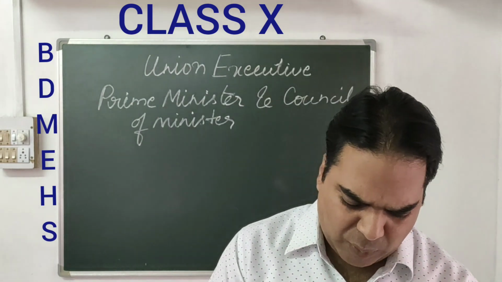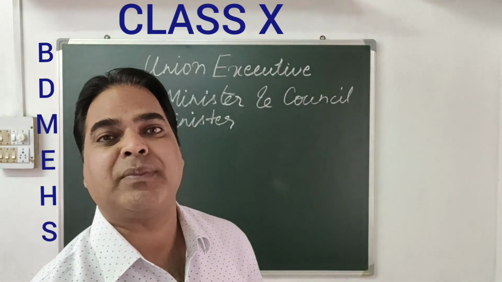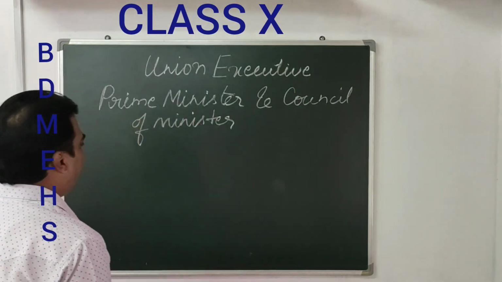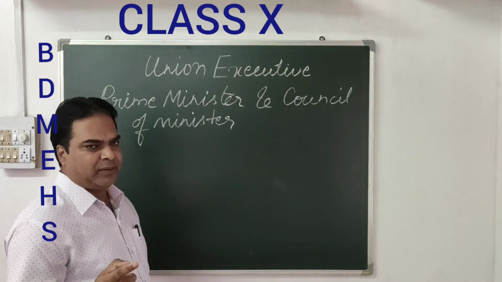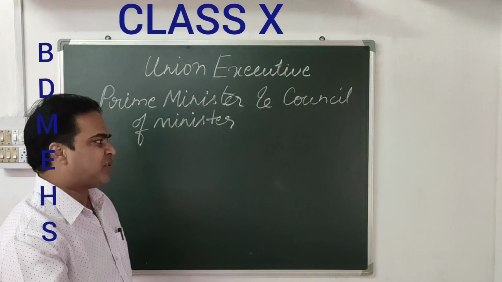Now, let me tell you one by one. Members as well as non-members can also become the member of the Parliament. Now, who can become the member of Parliament? Number one, member of Lok Sabha, either Rajya Sabha.